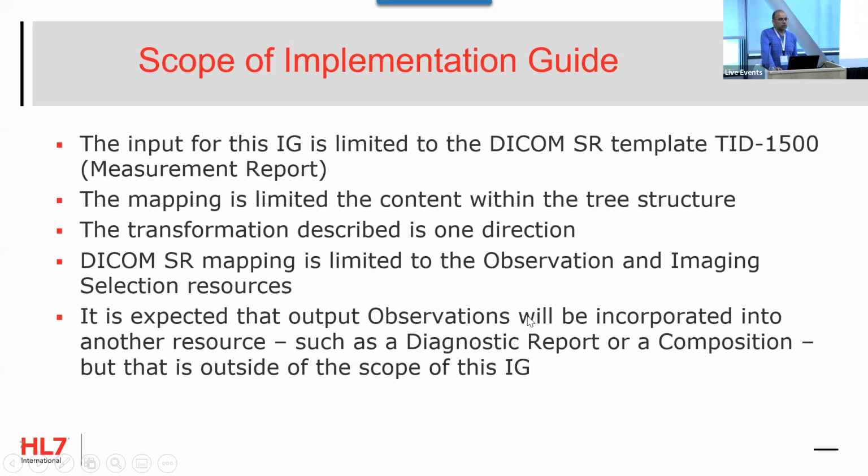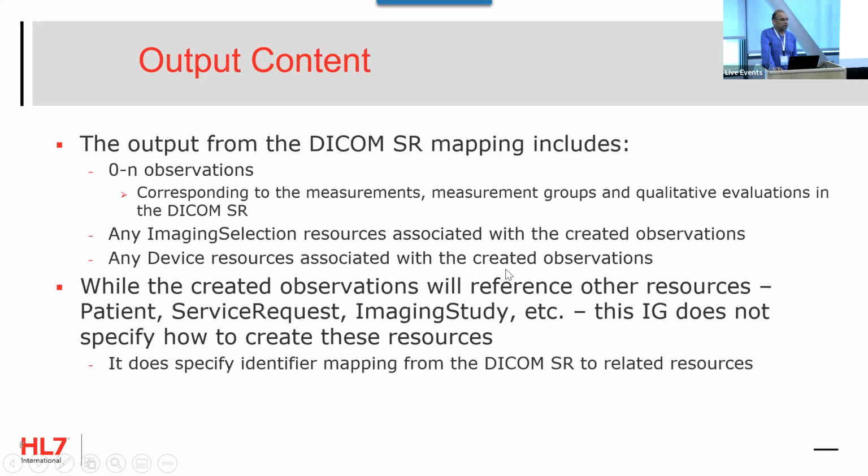The DICOM world is very huge, so we need to focus, and that's why there's this scope. So we want to focus on these two aspects and discuss the mapping. Usually when you have a DICOM SR, it can contain several observations.